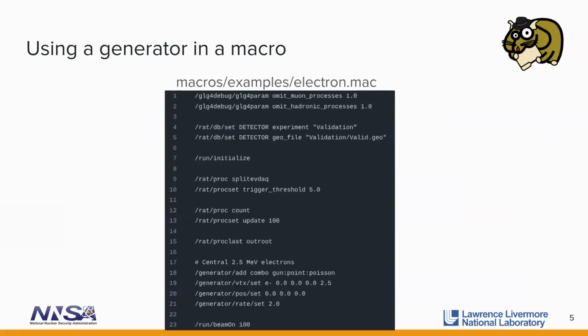So I'll just start going into examples of showing how to use a generator in a macro. And this is basically one of the simplest examples of how to just simulate some electrons in your detector, where the actual generator commands in your macro are here at the bottom.